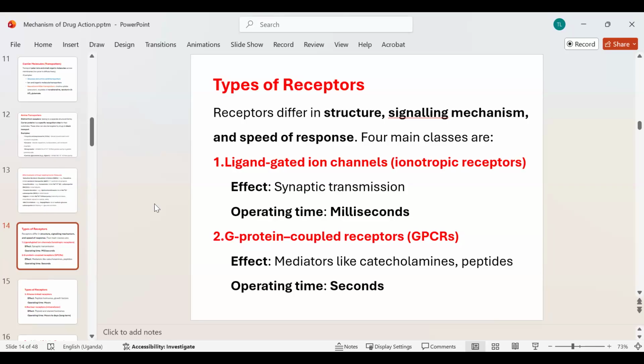They end up opening a GABA channel, which lets in chloride, and chloride is negatively charged, and then it hyperpolarizes the membrane. So the firing of the action potential becomes a problem. The action potential cannot be initiated there because of the hyperpolarization of the membrane.